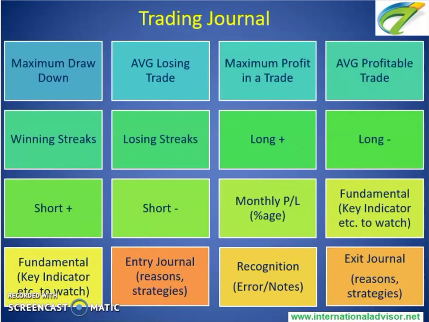We proceed. Maximum drawdown, average losing trade, maximum profit in a trade, average profitable trade, winning streaks, like consecutively how many trades in a maximum row you made profits, likewise losing streaks.